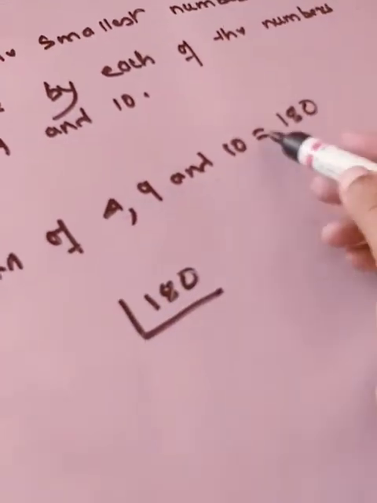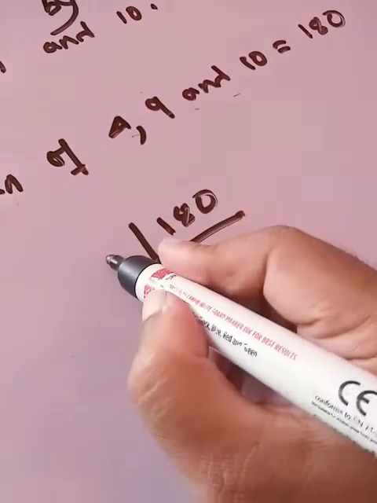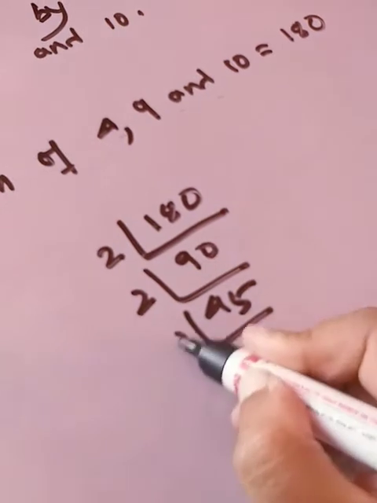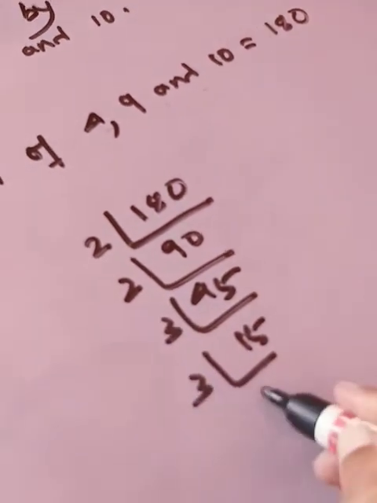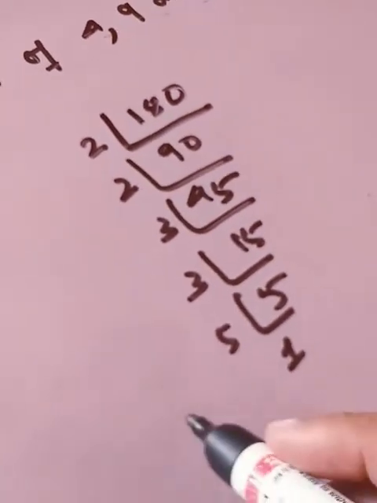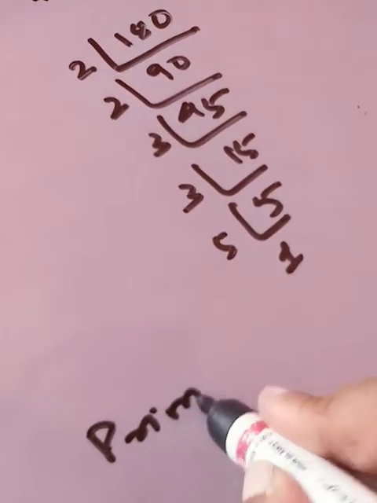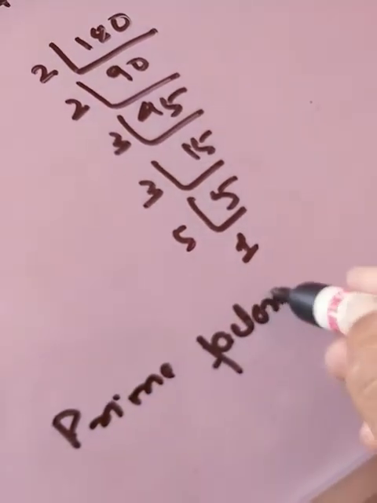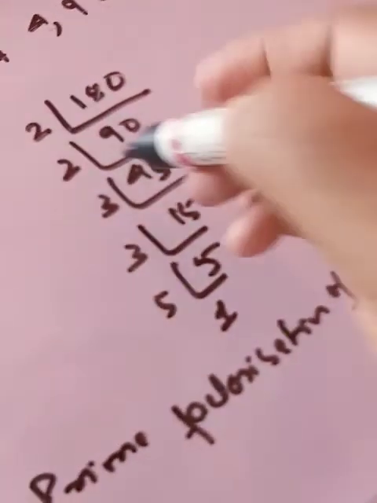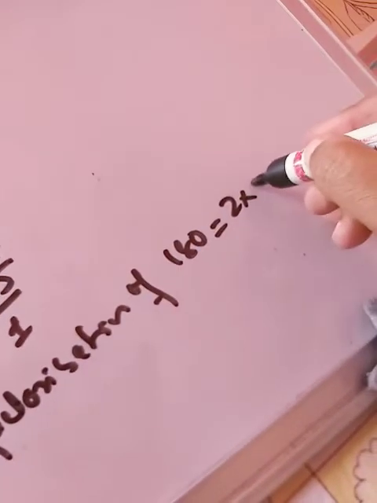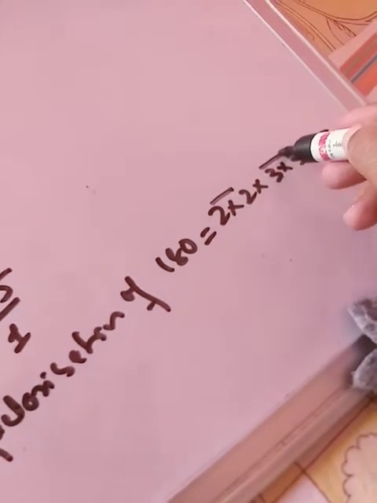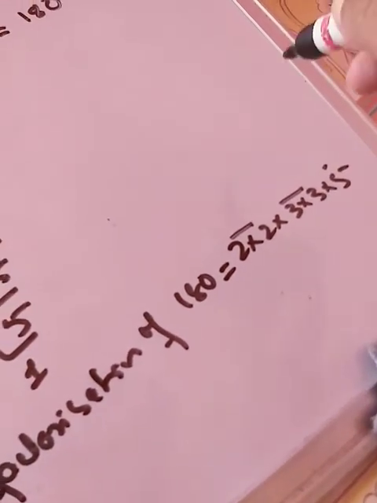Now whatever LCM you get, you will find the prime factors of it. 2 90s are 180, 2 45s are 90, 3 15s are 45, 3 5s are 15, and 5 1s are 5. So the prime factorization of 180 is 2 into 2 into 3 into 3 into 5. We see these factors are in pairs, but 5 is not in a pair.